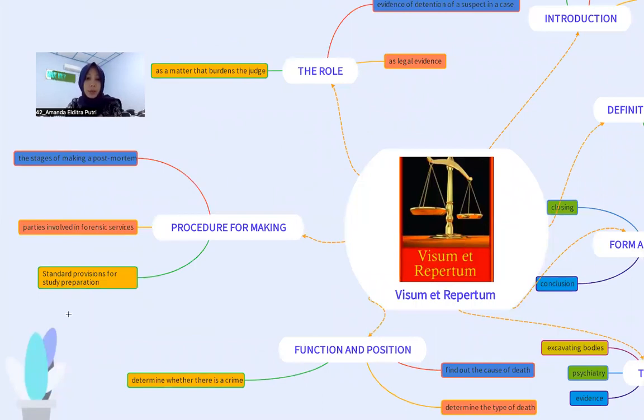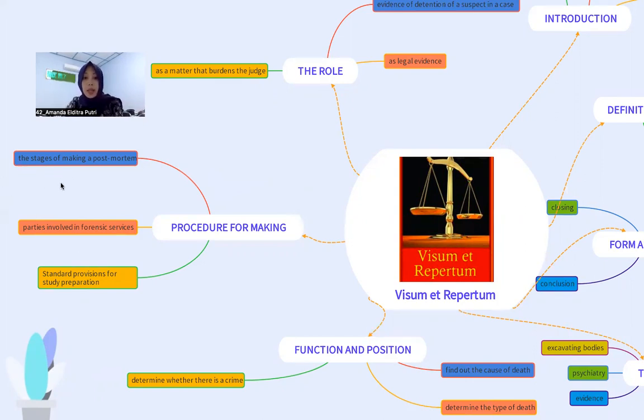One, we can start with the provision for study preparation, which consists of asking for expert information, making an expert statement, the procedure for requesting expert information from a doctor, and submitting expert certificates, which are already regulated in the criminal code. Two, the parties involved in forensic service, which are doctors, nurses, and administrative officials.